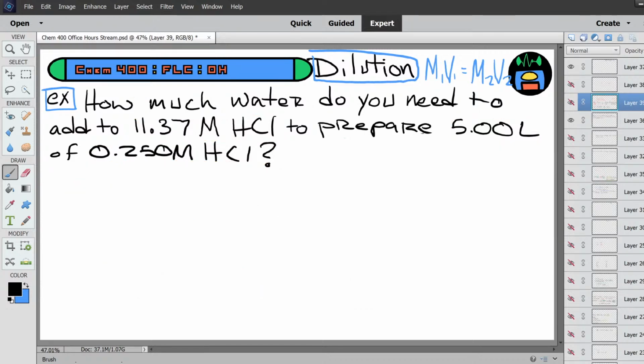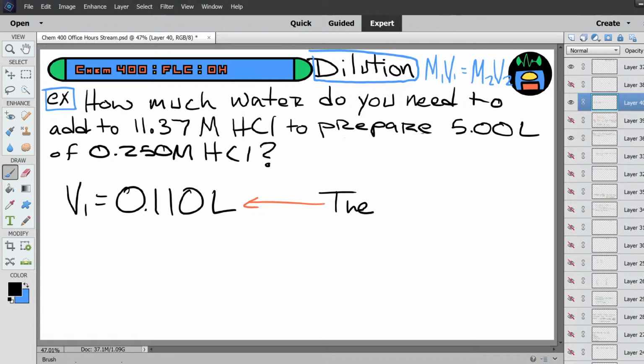Now here's the deal. We just found V1 is 0.110 liters. This is the initial volume of 11.37 molar HCl.